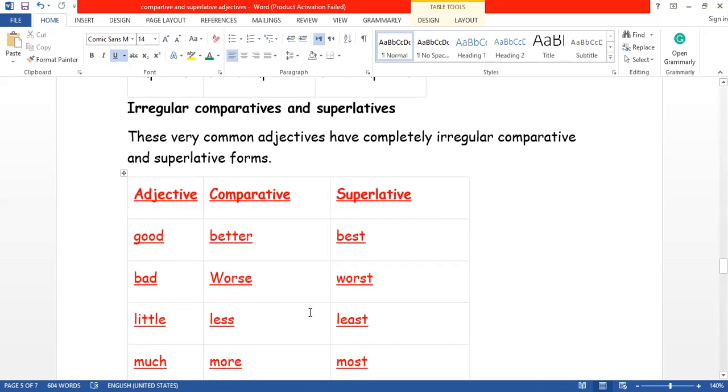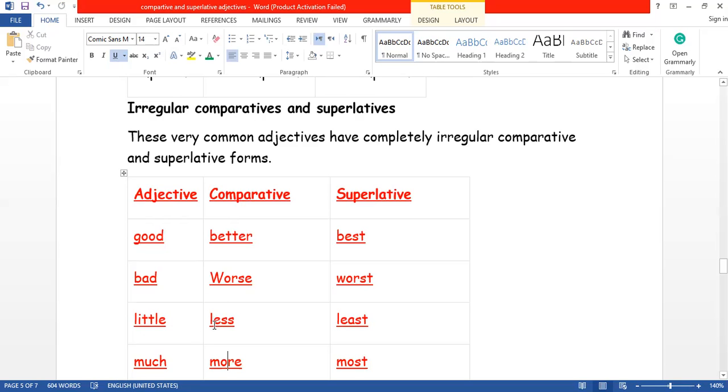Little. American English is little, British English is little, and both of them are acceptable and are used.